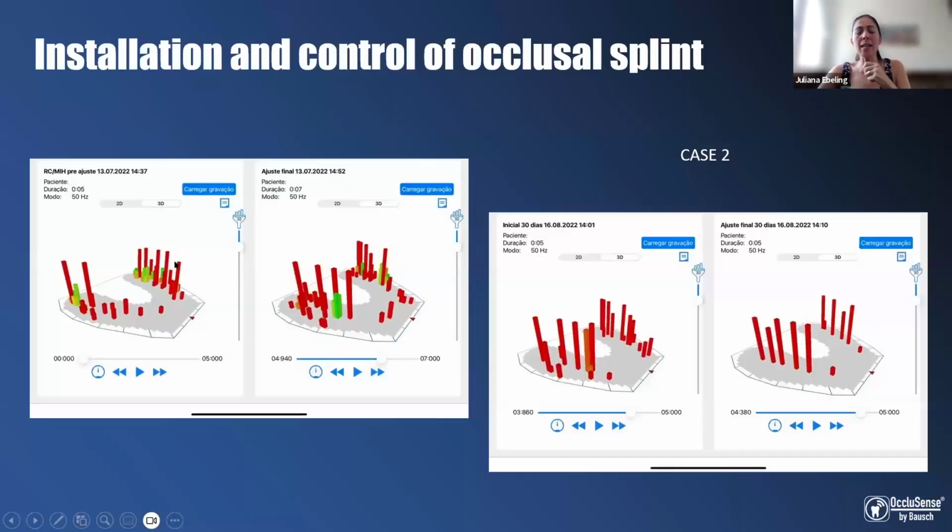Here I can show you the importance of muscle activity to read these graphics. For example, here is how I started on day 0 of the splint, and how I finished this day 0. Okay, Juliana, you have many contacts here?